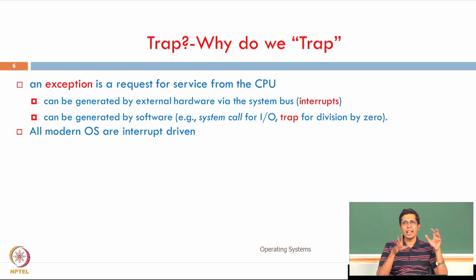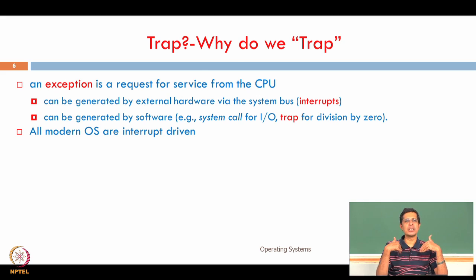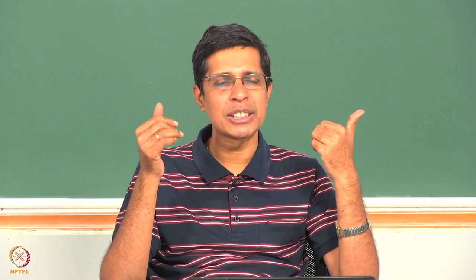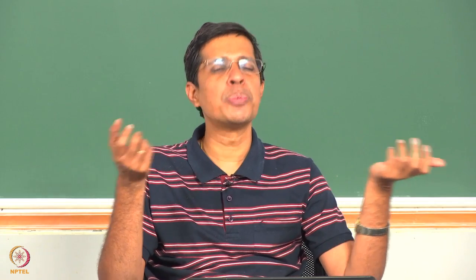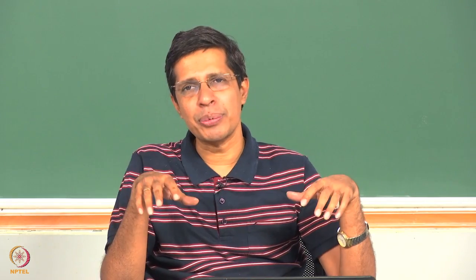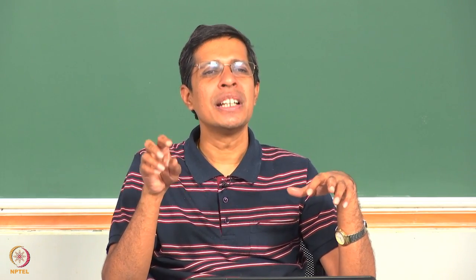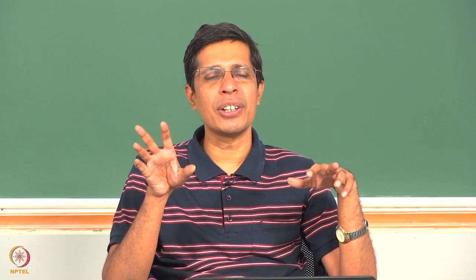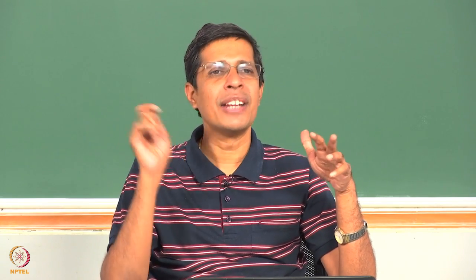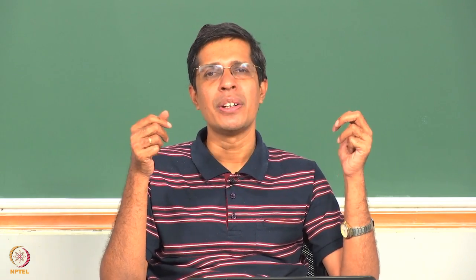Type 1 is called interrupt, type 2 is called trap. A trap is when I, as a program in execution, have created an exceptional scenario. For example, divide by 0. Whose mistake is it? It is the program's mistake. The process in execution is trying to do a divide by 0, and hence an exceptional scenario has come up.